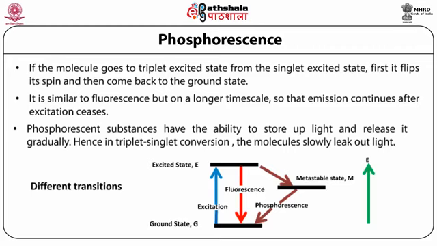Uses of phosphorescence. Phosphorescent materials are used in a wide variety of applications and products. For example, phosphorescent powder and gel can be found in many different toys such as glow sticks and other glow in the dark products.